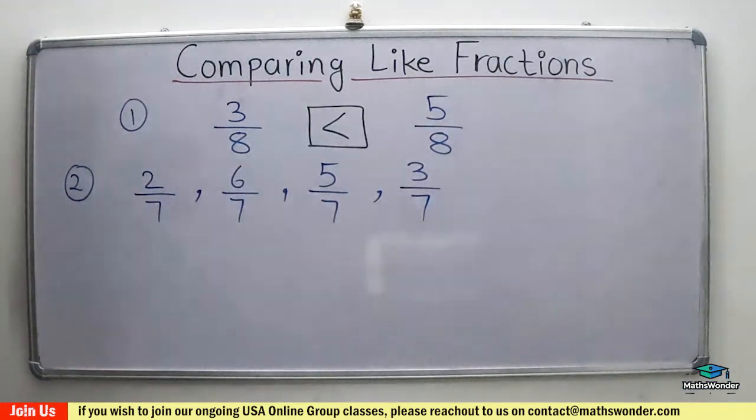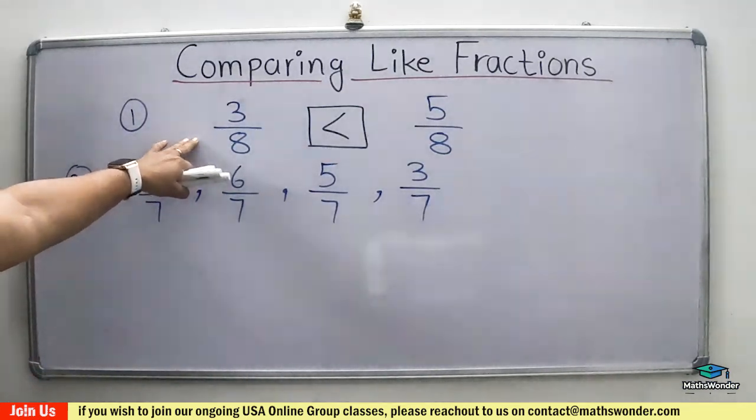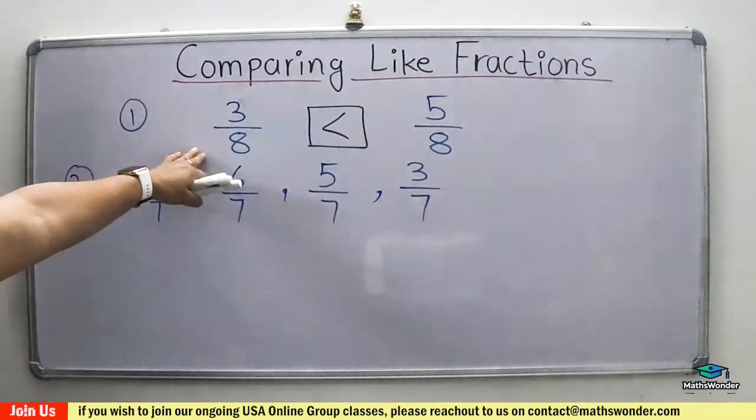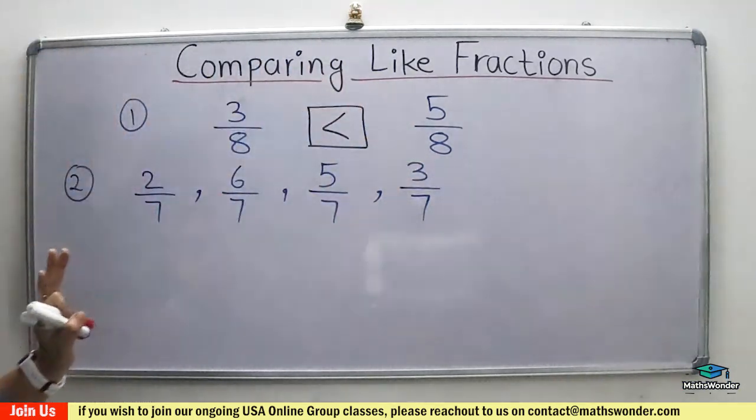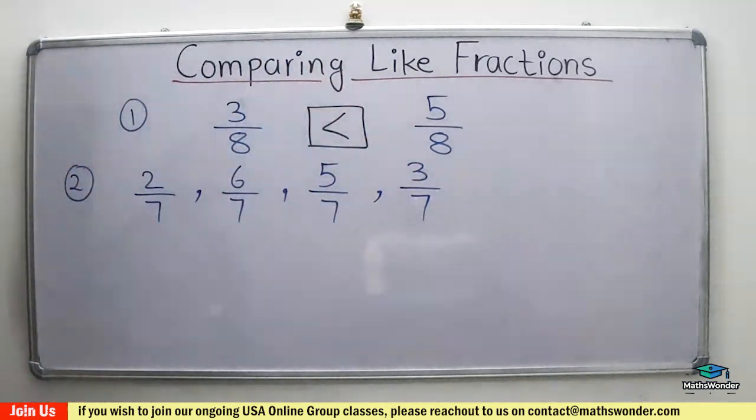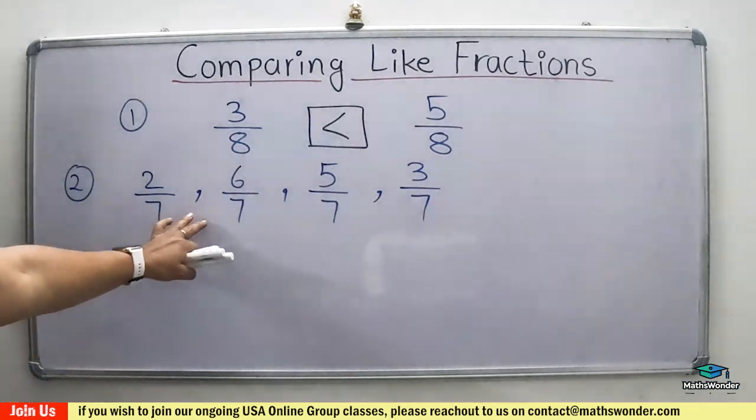What will be the greatest fraction among the 4? 6 over 7. Yes, among fractions with the same denominator, the one with the greater numerator is the greatest.